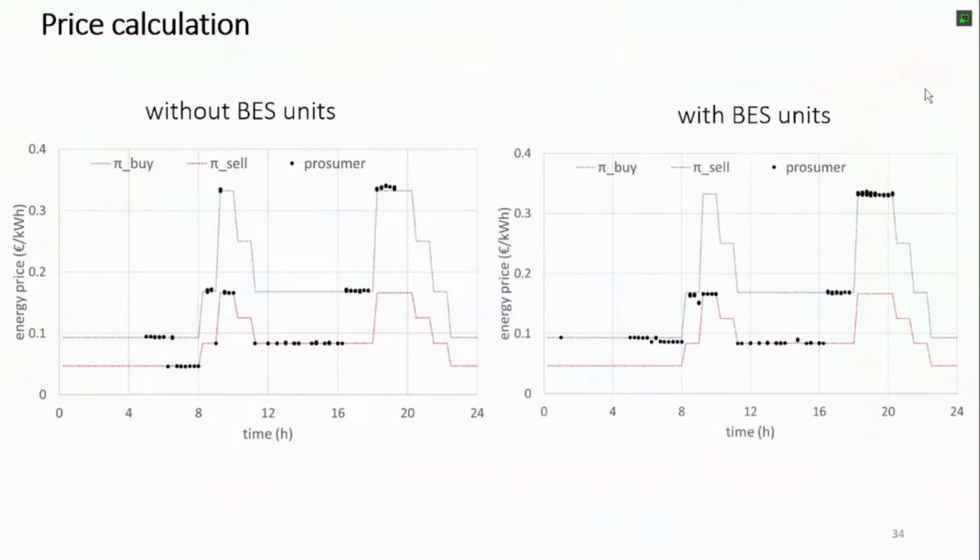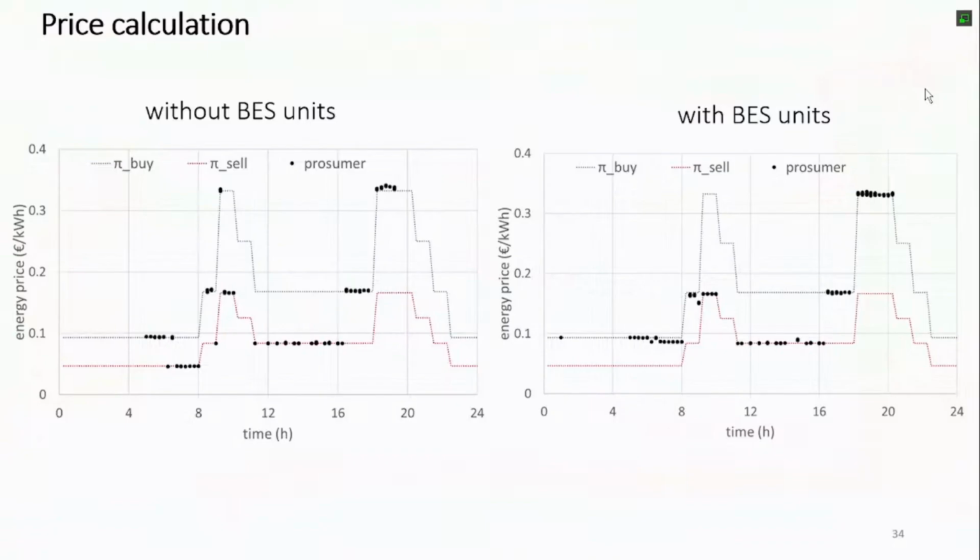When there are batteries, you see that the behavior is almost the same, but there are small deviations. This is due to the fact that the battery is charged in one period and discharged in another period. So the energy that is put in the battery has been charged when the price was different from the price when the battery is discharged.